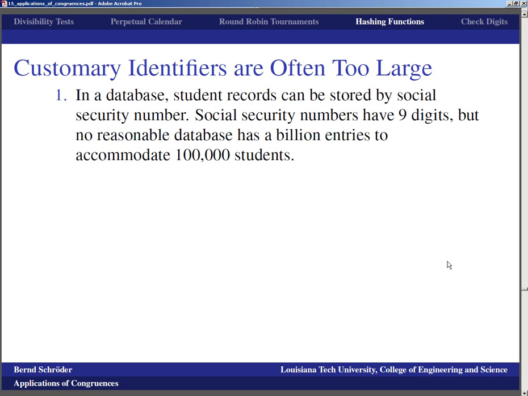Social security numbers have 9 digits, but no reasonable database has 1 billion entries to accommodate something like 100,000 students. Now you might say there are very few universities that have 100,000 students enrolled at the same time, and you would be right. But even mid-sized state institutions that enroll 10,000 students at a time will maintain records, of course, also after the students have graduated.